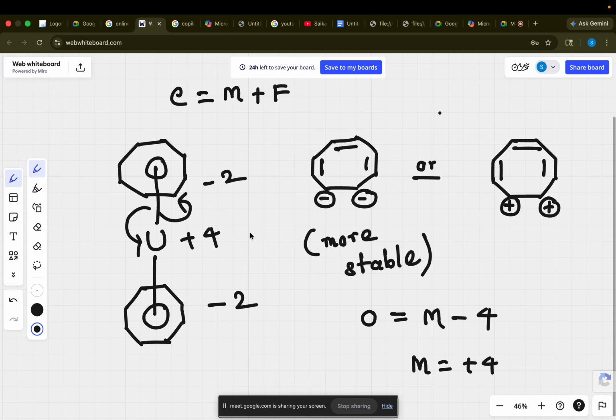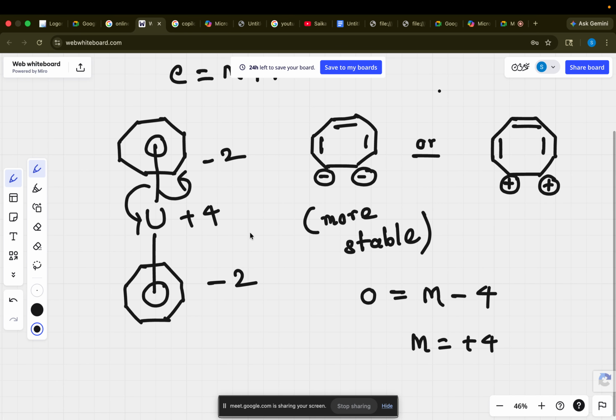Is it clear? Yes, sir. Clear, all of you? Here this kind of compound is important. If you have cyclooctatetraene, always remember this dianion form will be more stable than your dication.